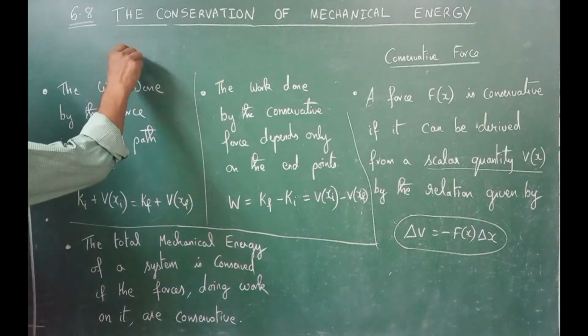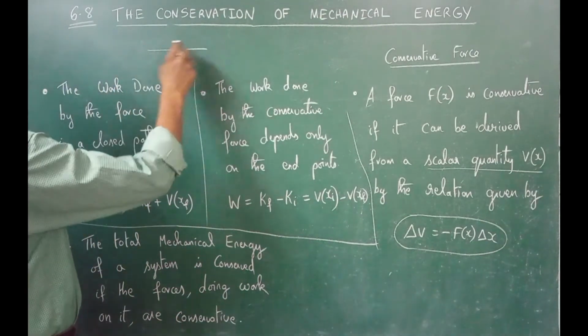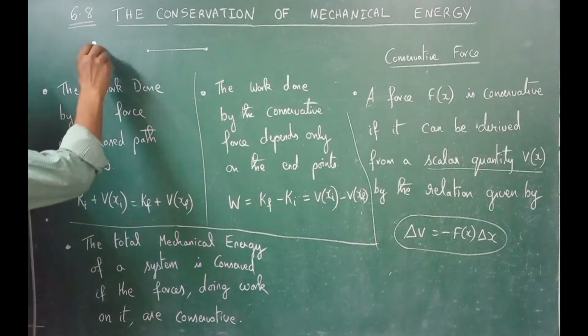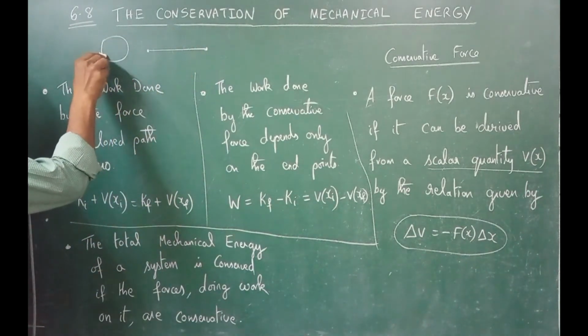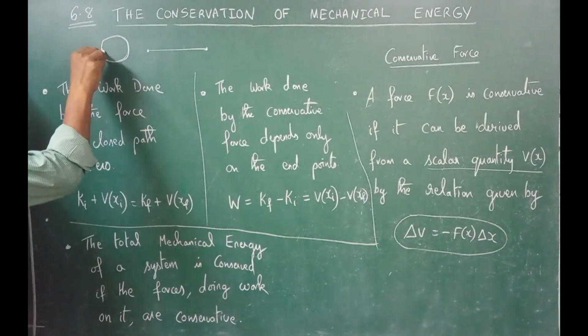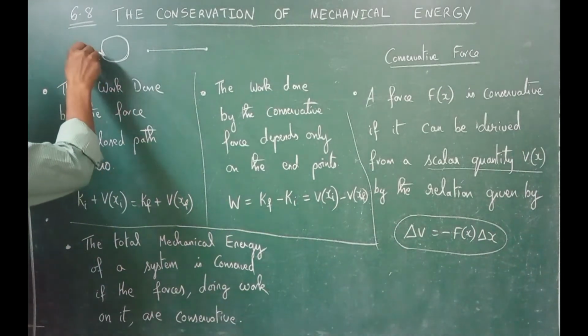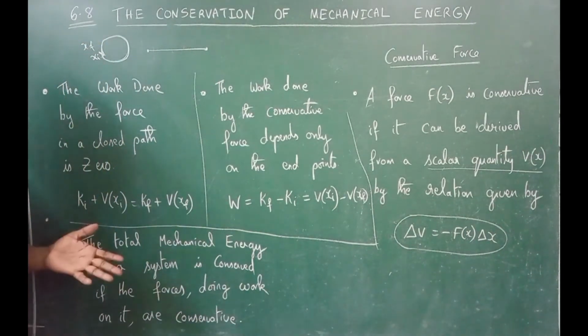Suppose in one case the starting point is different from the ending point. But if you consider a closed loop, the starting point is xi, and once it completes the loop and comes back to the same point, xi is equal to xf. Both are the same point.